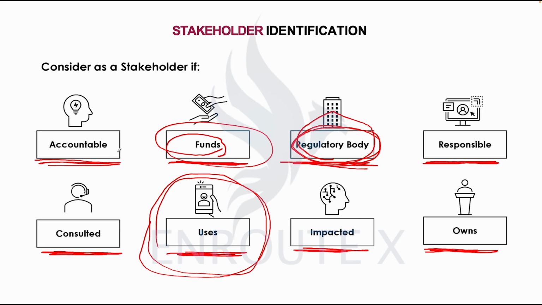The product owner owns the product backlog. But at this point, let's just know we are talking about the stakeholder. So when we identify an individual, group, or entity as responsible on the project or product, such becomes a stakeholder.